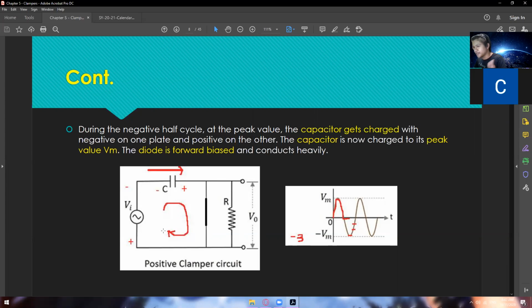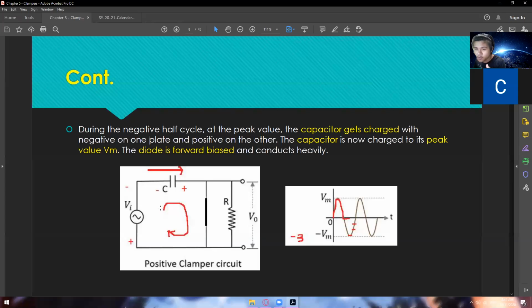Now, this is very important. Once we have a loop in this part, in this capacitor, that's the only time that our capacitor will charge. That is why you can see right now that our capacitor has a polarity.